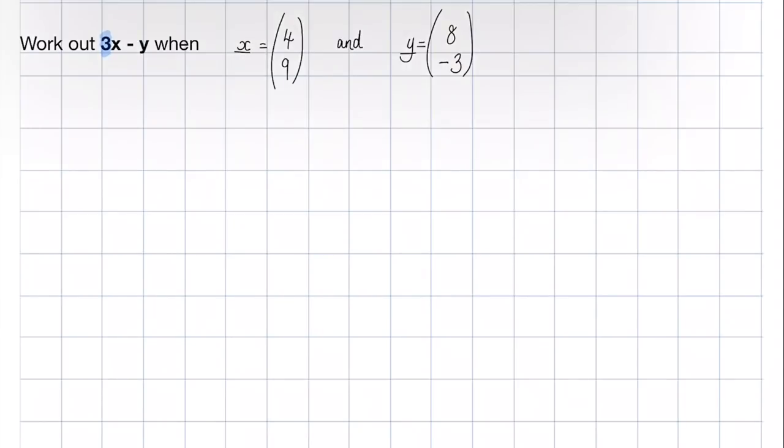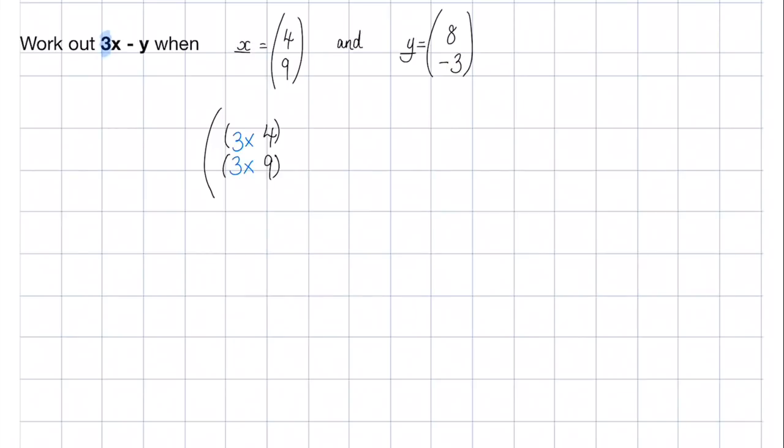So the way I like to do this is my 3, which is being multiplied by x, I will write that on the top and on the bottom. 3 multiplied by, 3 multiplied by, and x, as you can see, is 4, 9. So it's 3x, I've done that bit there, which I could put in a small bracket, but they're all in an overall bracket.